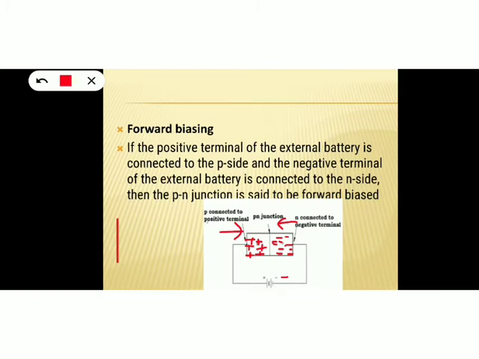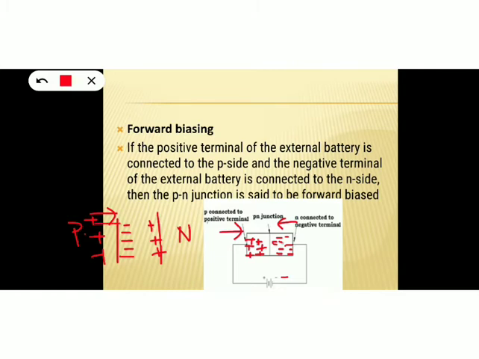Within the depletion region, some electrons are present on one side and some holes on the other. So what happens when all the holes from the P side are repelled into the depletion region?